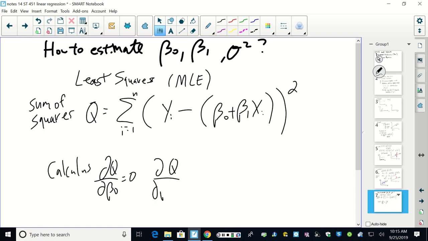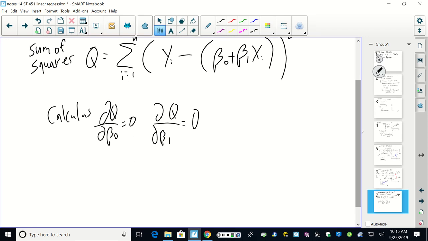If we take the other partial with respect to beta 1, set it equal to 0, we get a second equation. So we end up with two equations in two unknowns. Solving those two equations will give us beta 0 hat and beta 1 hat as estimates.